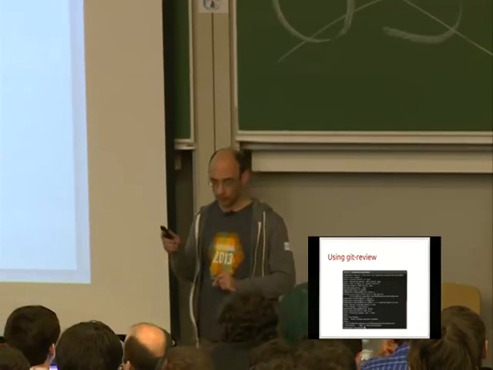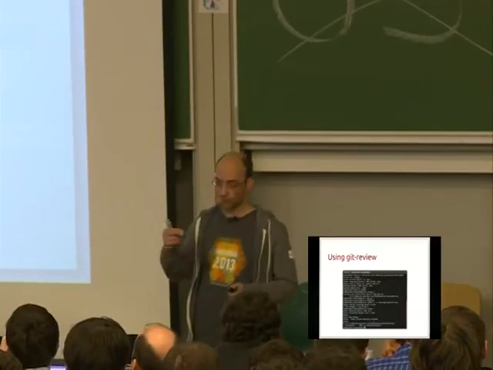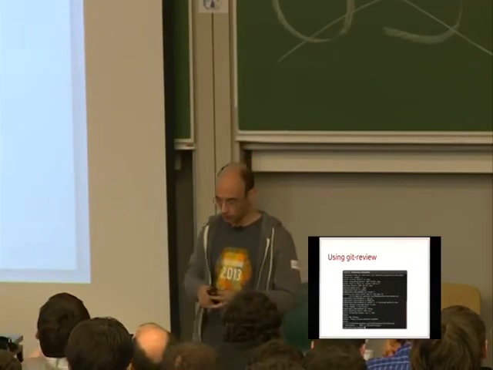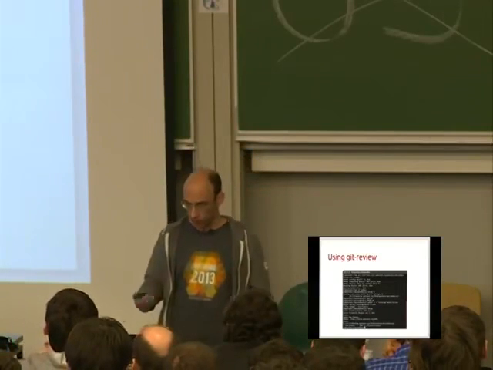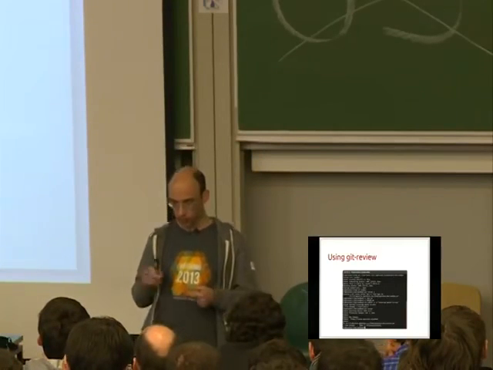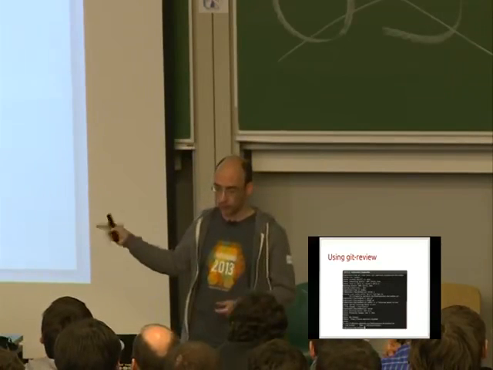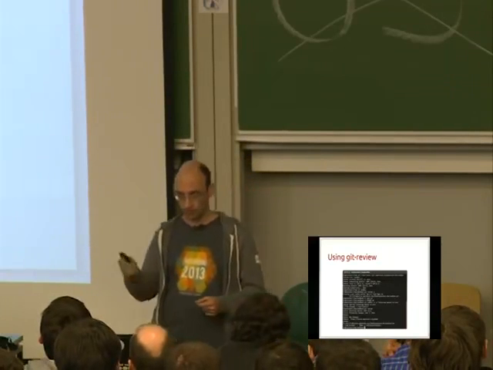And then it looks like this. We use a Git plugin called Git Review that we developed within OpenStack so that you can have one command to submit a change for review in our review system. You git clone a repository. You then use git review -s to set up the remote that will point to the Gerrit code review system that we have.